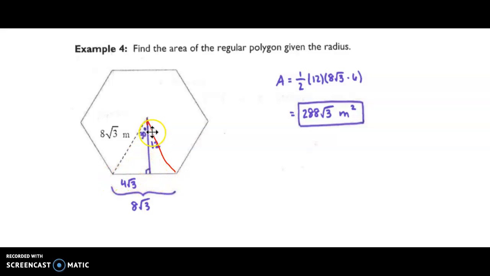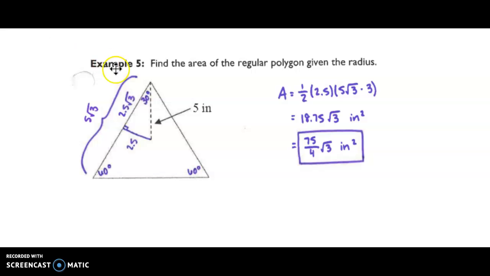Then you can also figure out what the A value is by special right triangles. Here, this is a regular triangle. It's an equilateral triangle, so you know that each angle is 60 degrees, which means it cuts this to 30. And the apothem, we drew it this way.